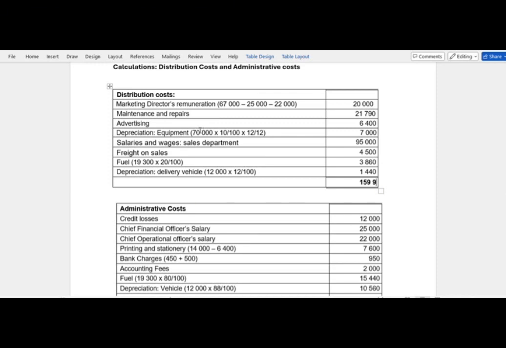Why am I getting different amounts? Let's double check. So let me just do the calculation again. I just want to make sure that I'm getting the right answer.